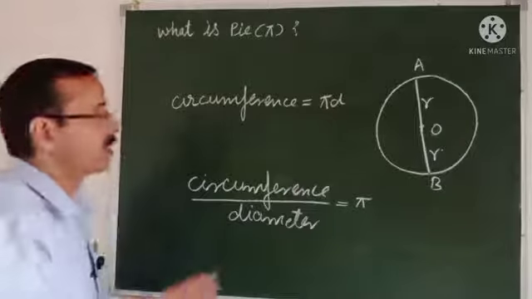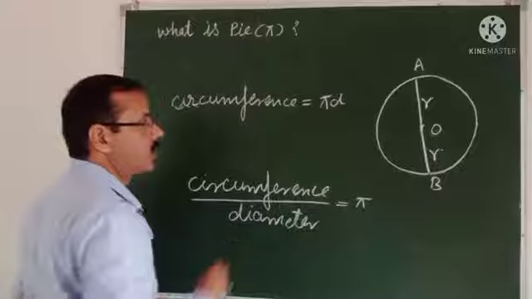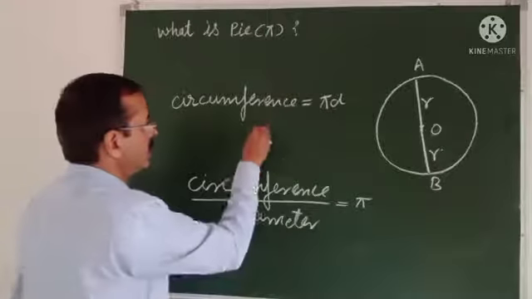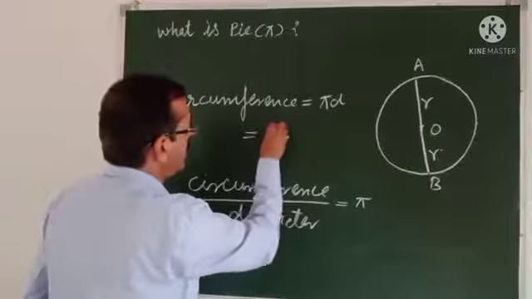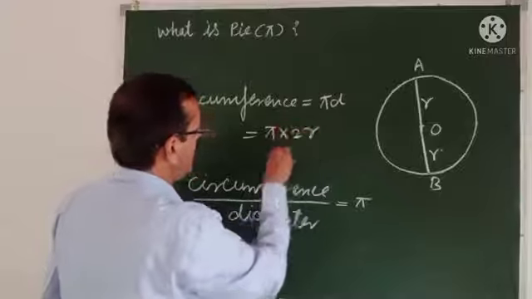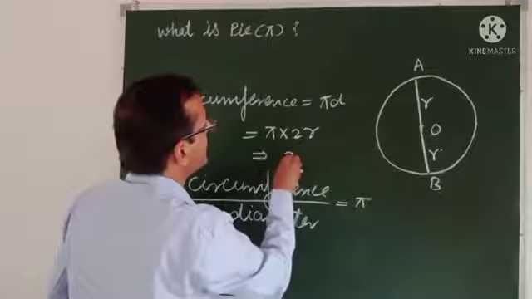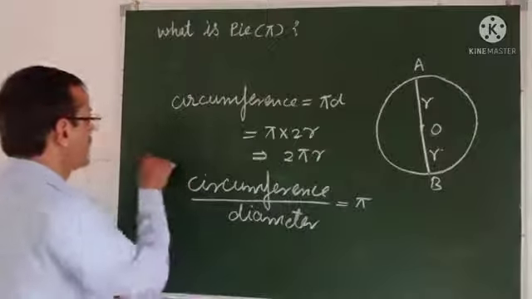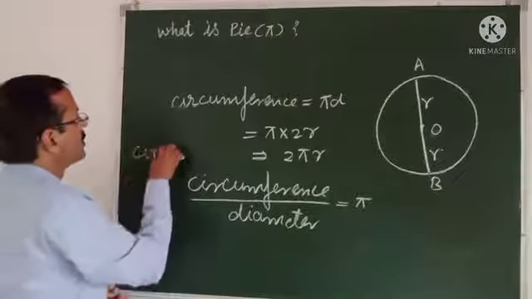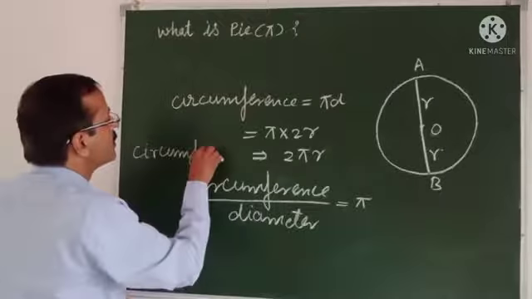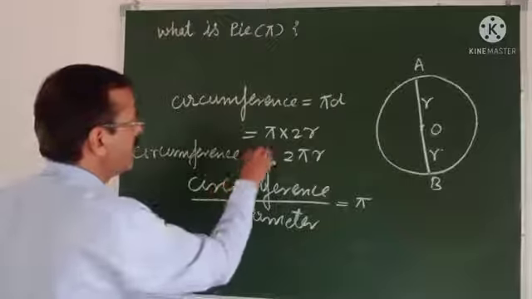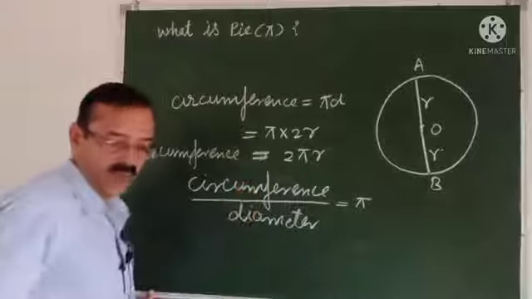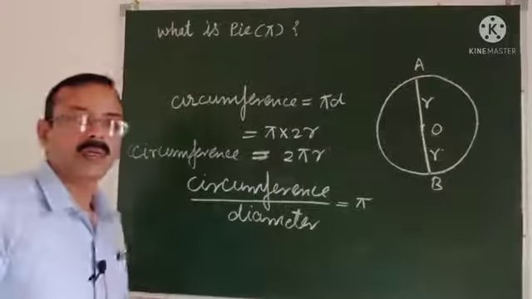And as you know, the diameter is 2 times the radius, so it can be written as pi into 2r, or in proper way 2 pi r. So circumference will be equal to 2 pi r. This is the formula for the circumference.